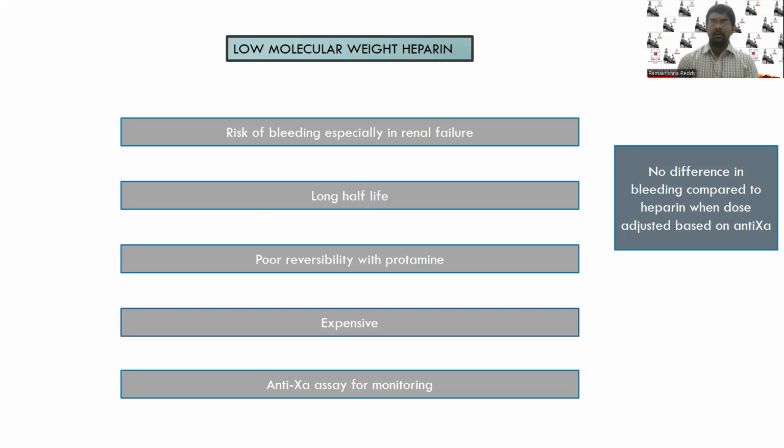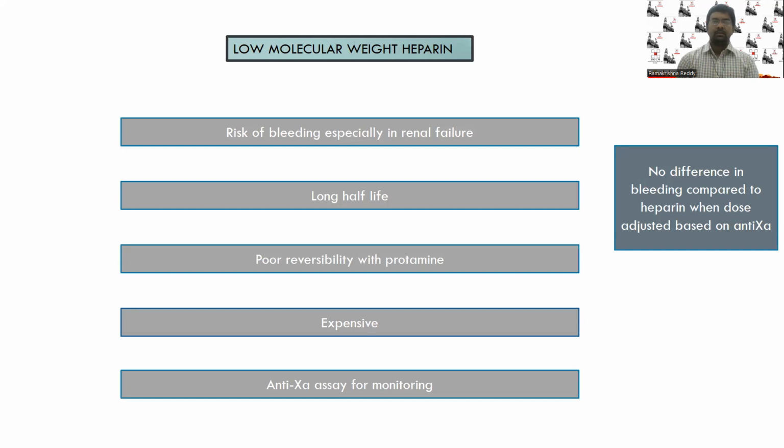You need to reduce the dose of low molecular weight heparin by 50%. And unlike heparin, where you monitor APTT or ACT, for low molecular weight heparin you need to monitor factor 10A levels.